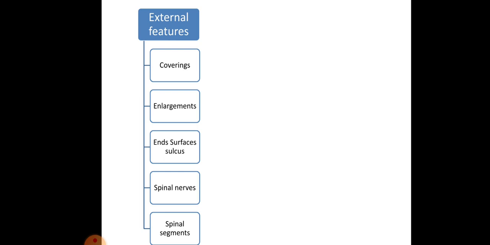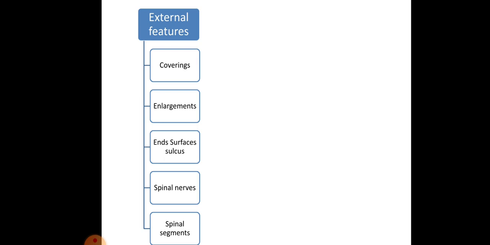And sulci: anterior median sulcus, anterior median fissure, posterior median sulcus, anterolateral sulcus, and posterolateral sulcus. The anterior median fissure and posterior median sulcus divide the spinal cord into two equal halves, and each half consists of the anterior, lateral, and posterior surfaces. The anterolateral sulcus gives origin to the ventral root of the spinal cord, and the posterolateral sulcus is the entry of the dorsal root of the spinal cord.